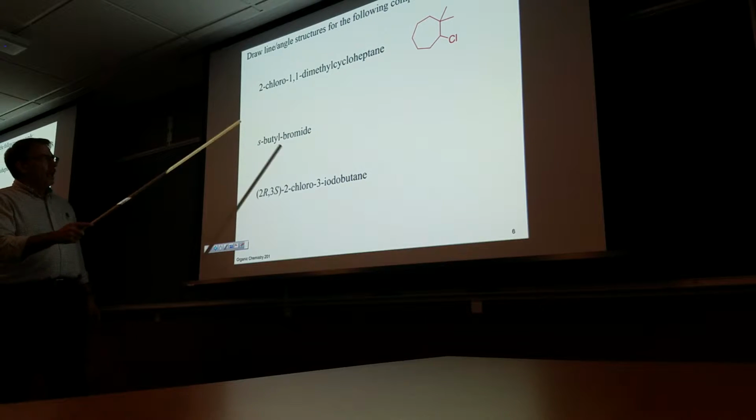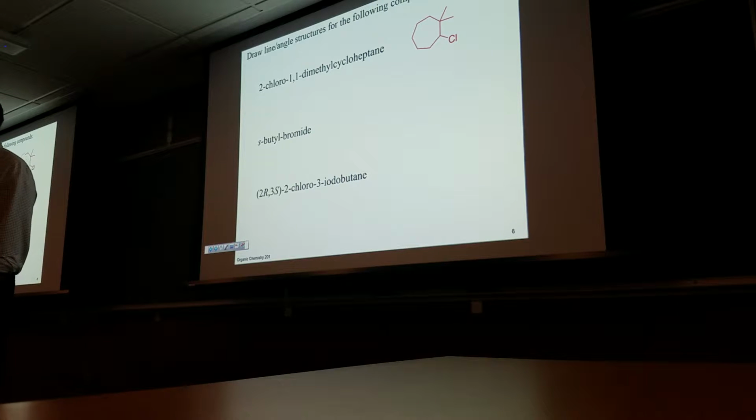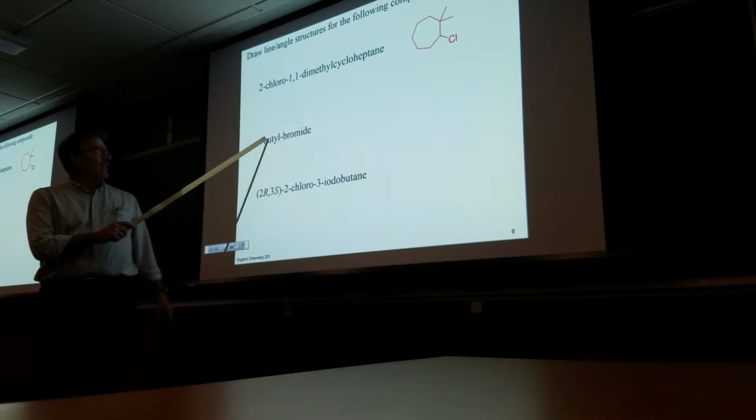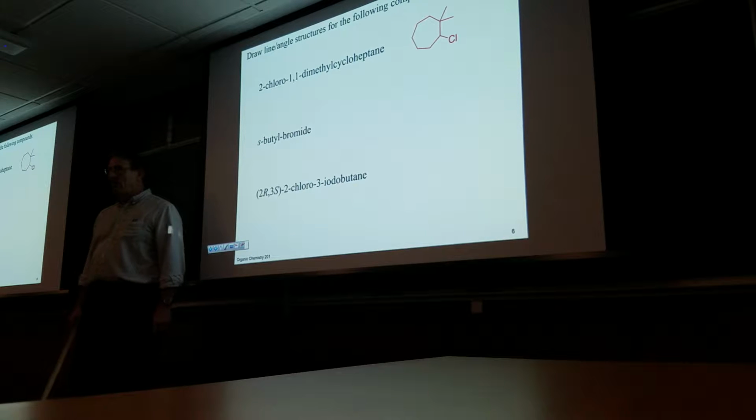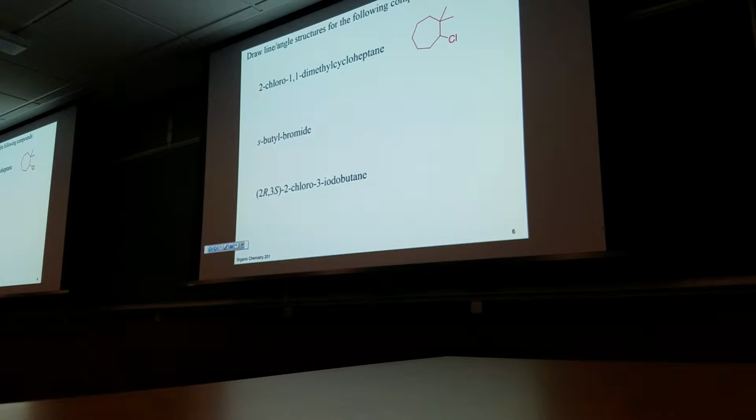Okay? Sec-butyl bromide. That's a common name, right? I'm naming this as if it's an alkyl halide. Could you guys do that too? How many carbons in sec-butyl? 4, right? Butyl, butane, sec-butyl. Sec implies that my bromine has to be attached to that second carbon.